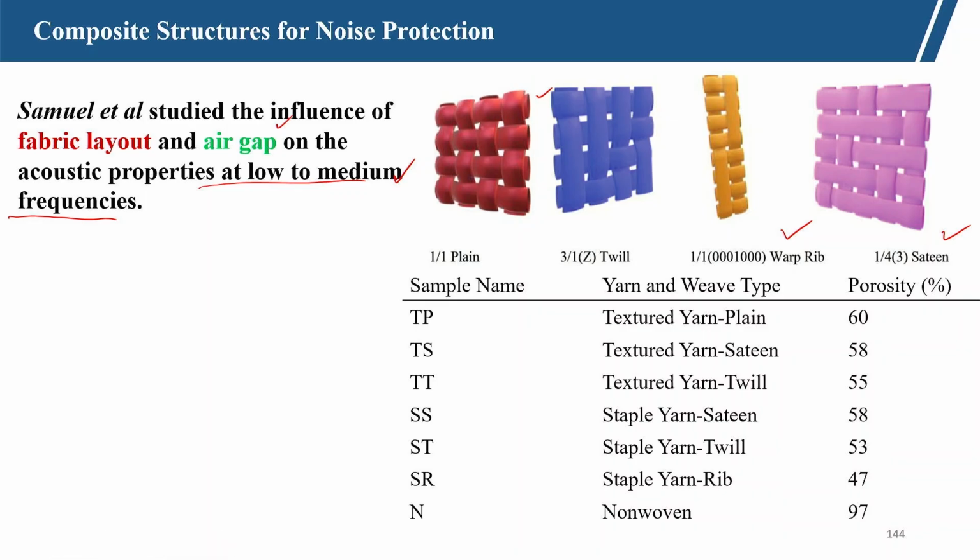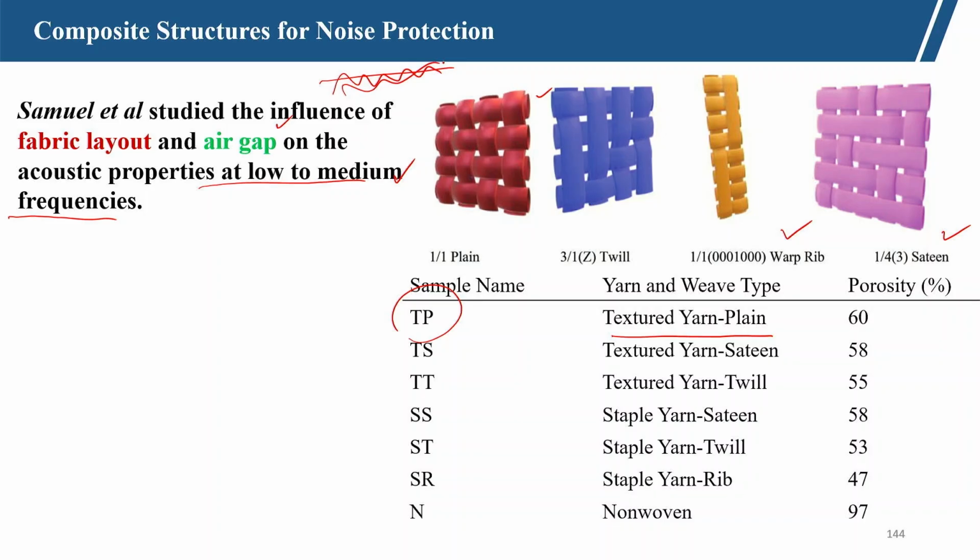Now, these are coded like TP. TP is textured plain weave. The yarns used here are of two types: one is staple yarn, another is textured filament yarn.